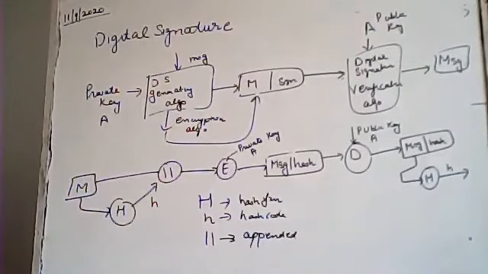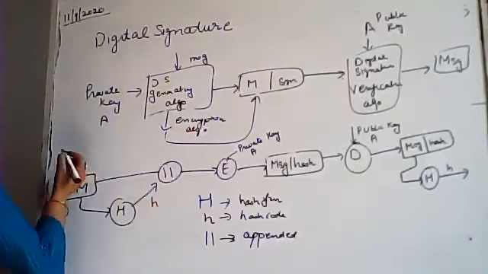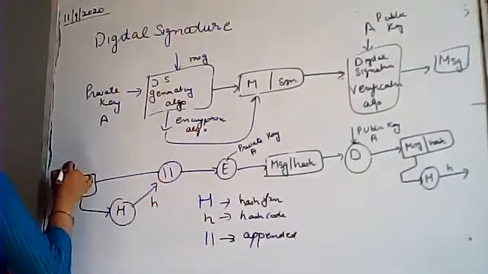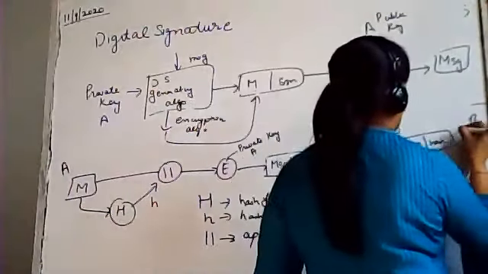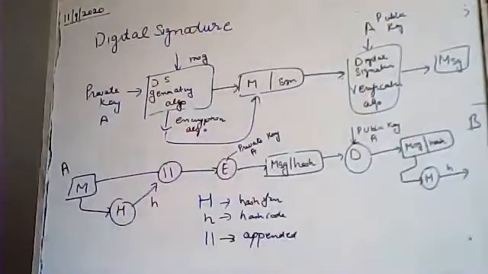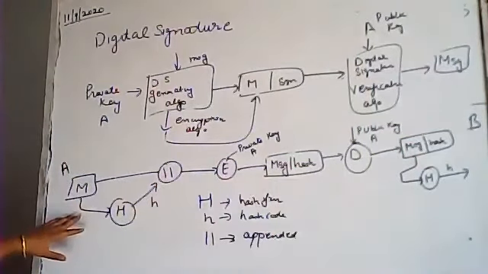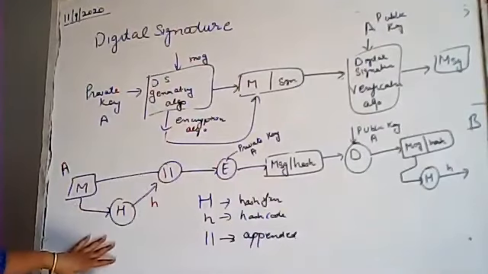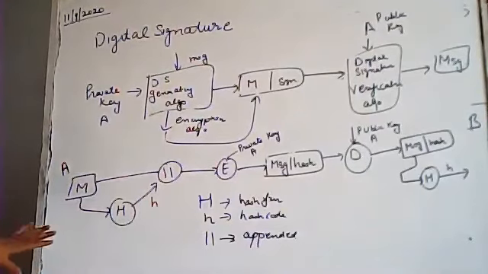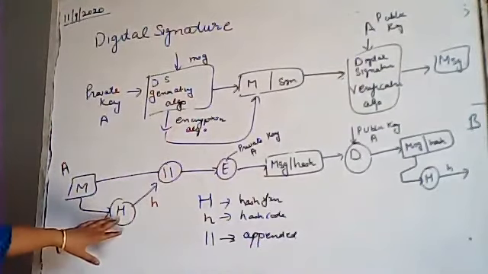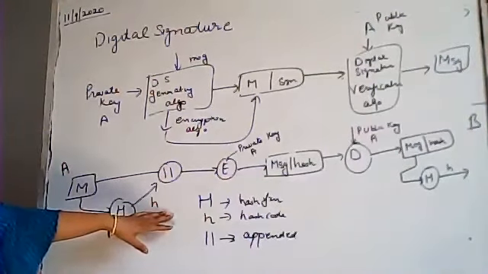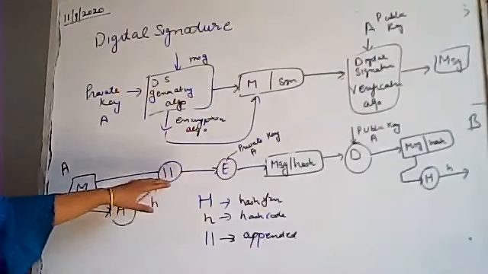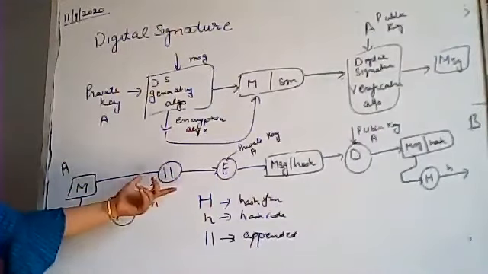Now let's suppose we have a sender, A, and at the other end we have B. We will send this message. Next, we will convert that message by using some hash function, capital H. We will get some hash code that will be appended to the message.